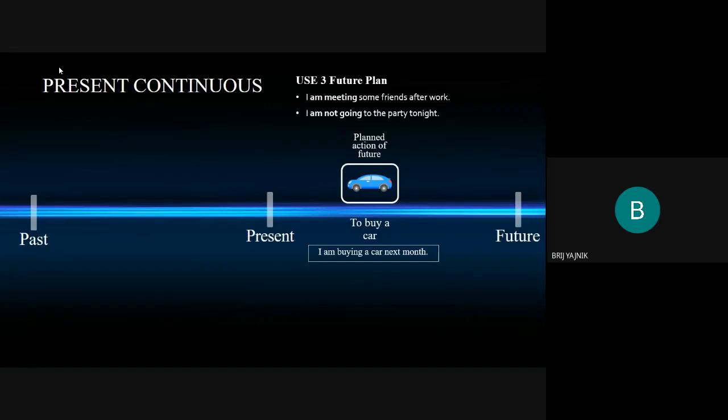You should say I'm visiting. You cannot say I'm going to buy. You should say I'm buying. You cannot say I'm going to do. You should say I'm doing. Do you understand this? Yes, did you understand, everyone? Okay.